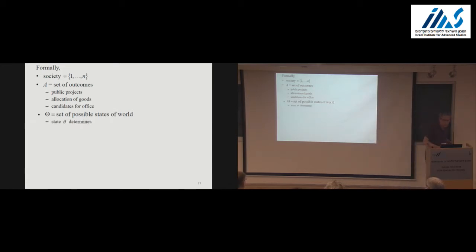So in particular, the state of the world theta will determine each individual's preferences over outcomes. So the standard notation that I'll be using is u_i(a, theta), individual i's payoff from outcome a in state of the world theta.